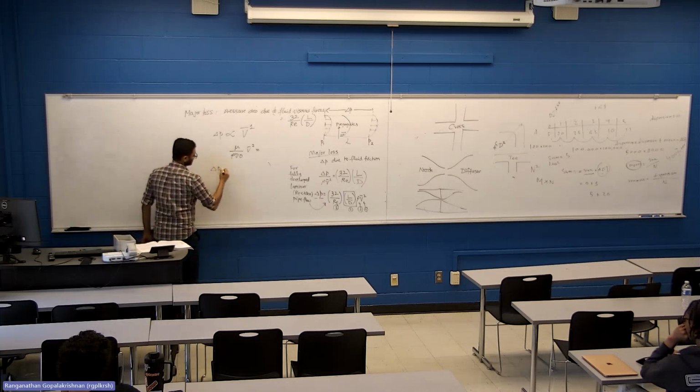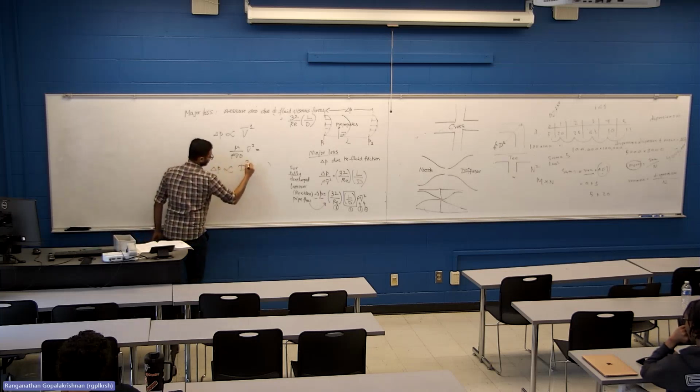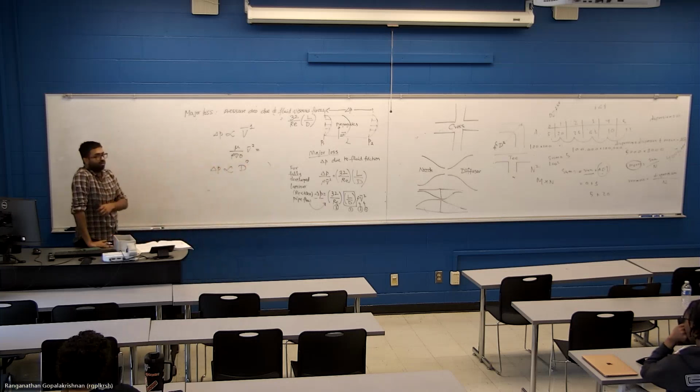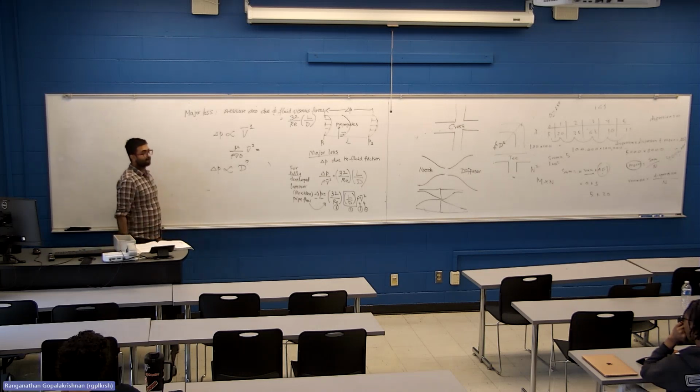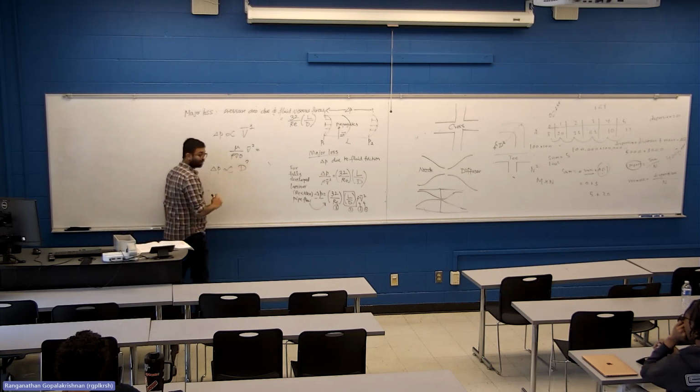How does delta P scale with diameter? That is true, but by what factor?